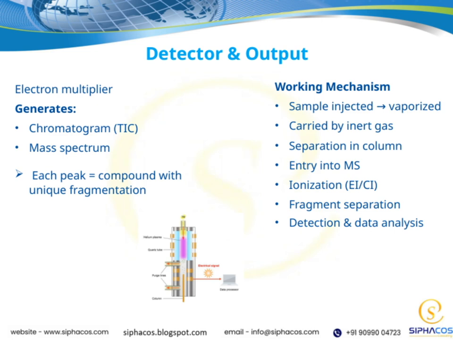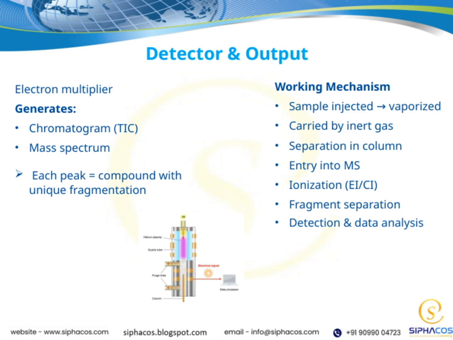Inside the MS, ionization takes place, typically through electron ionization or chemical ionization, which converts the molecules into charged particles. These ions then go through a process called fragment separation, where different fragments are sorted based on their mass-to-charge ratios. The detector captures these ions, and the data is analyzed to produce meaningful results.